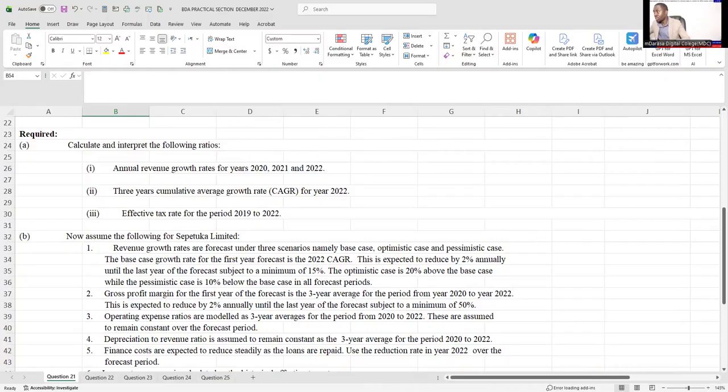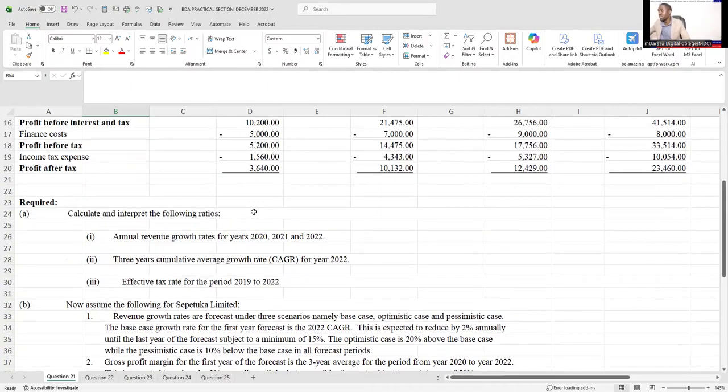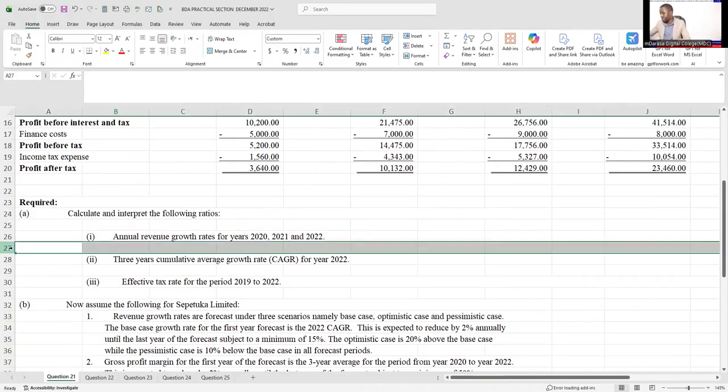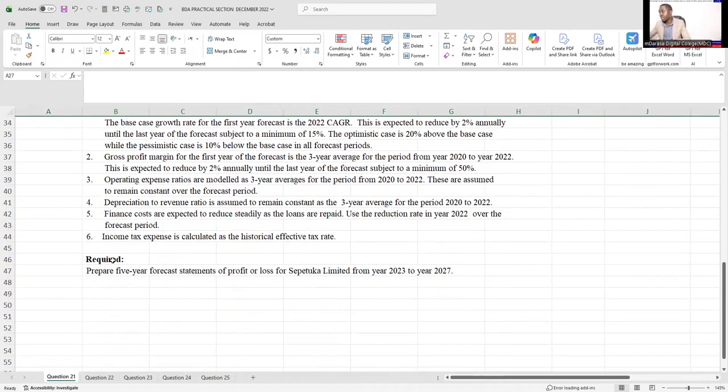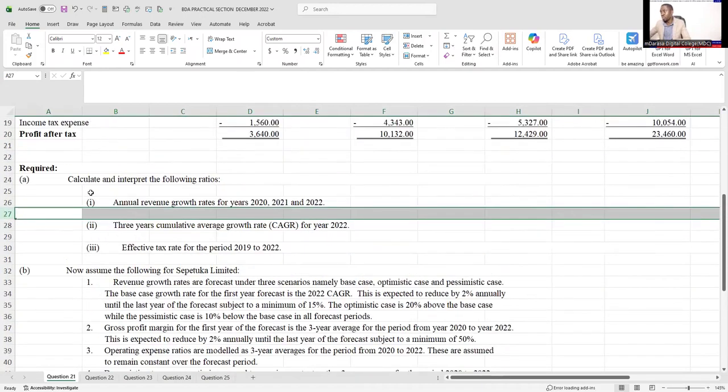Okay. So we go to this part. Number one, we are asked about the annual revenue growth rates for the years 2022, 2021. So in this case, of course, we can just have our solution in here, right? You can pick it at that point where you're providing solutions.